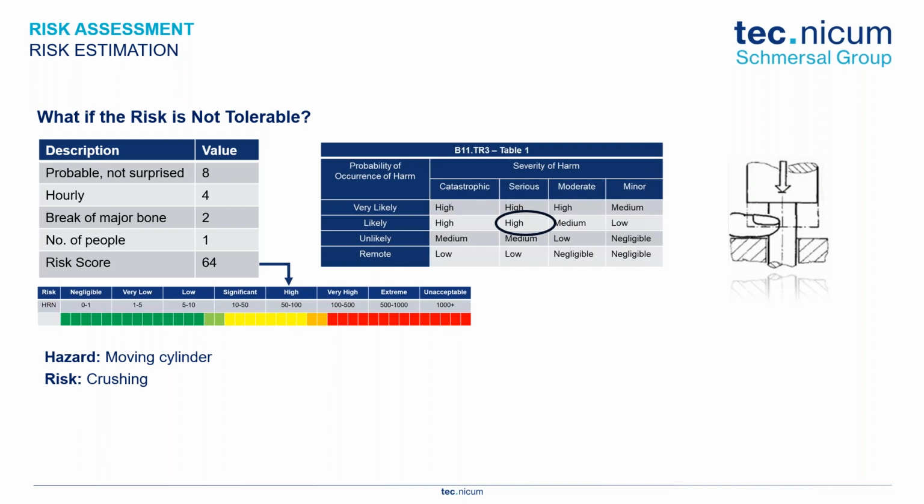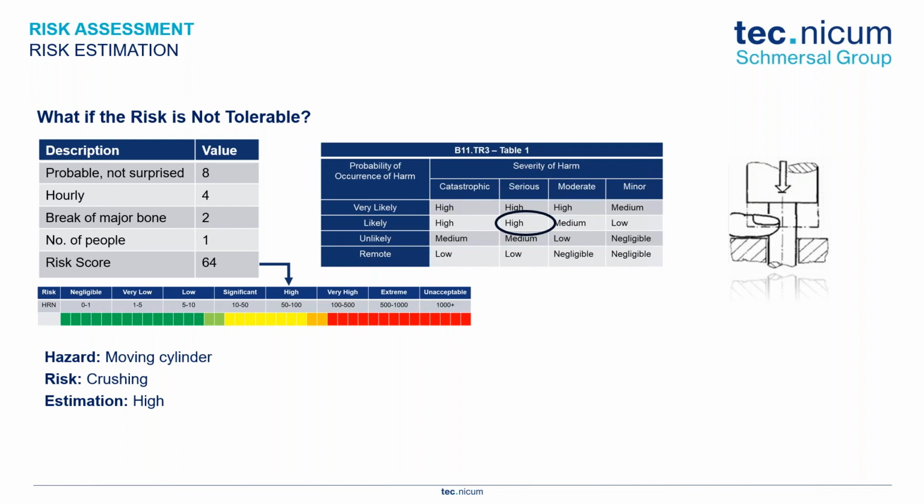So we say, okay, we have a high risk. We did a risk estimation to say that it's high. Now the question is, is this good enough for your site? Is it good enough within your organization to have this high hazard? If it is, you also have to justify that it is. In most cases, this is not going to be acceptable.